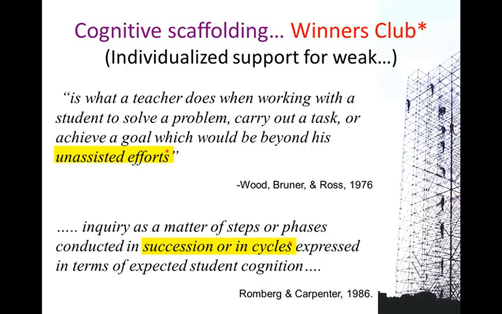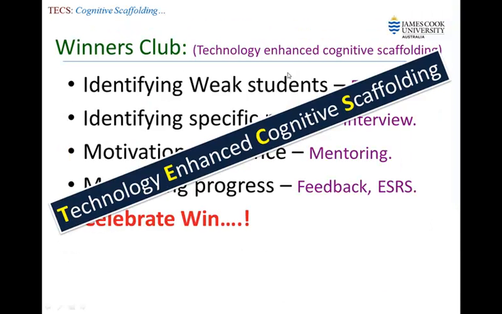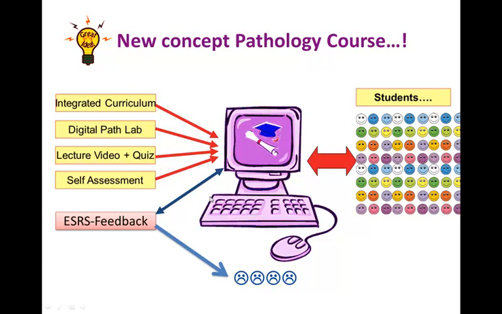I could identify them early in the year and provide individualized support based on the educational theory of cognitive scaffolding. Because I'm using technology, I call this technology enhanced cognitive scaffolding, simply meaning providing appropriate support for weak students by identifying them and providing help.